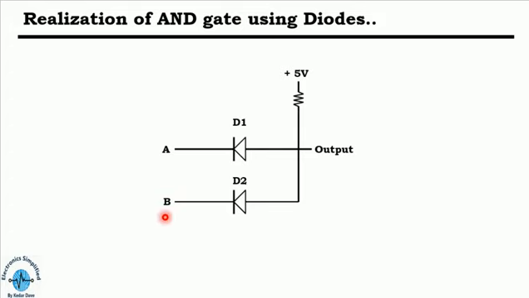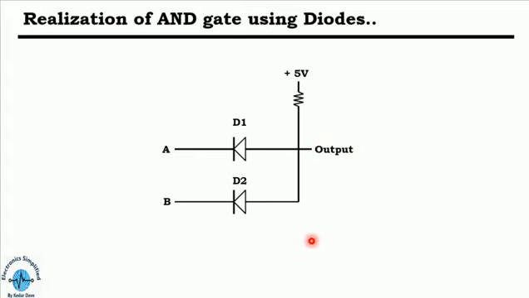Here we have two inputs, two diodes are connected, but what kind of biasing will be over here is completely dependent on whatever input is provided at the input side. And this is the plus 5 volt here, output will be taken over here.